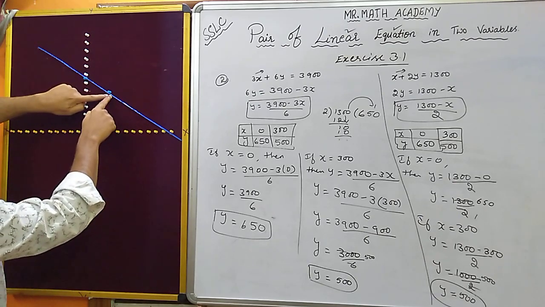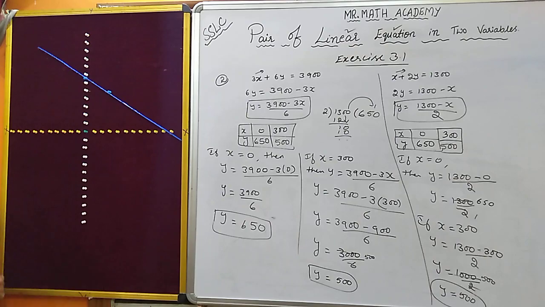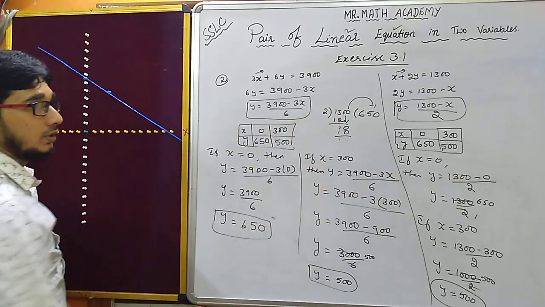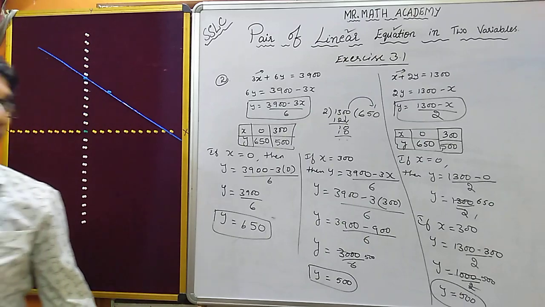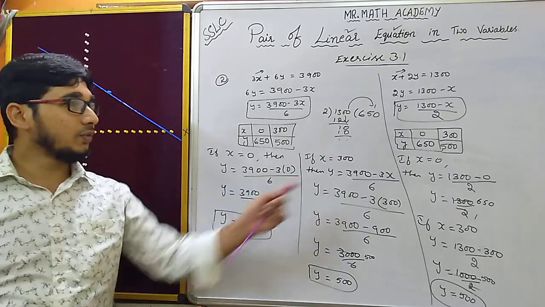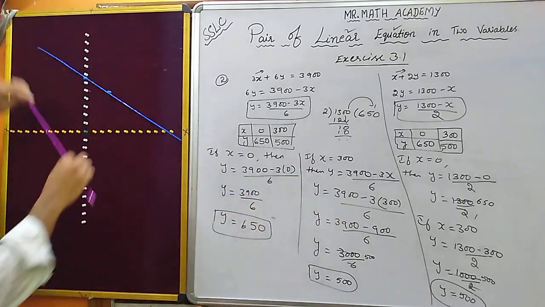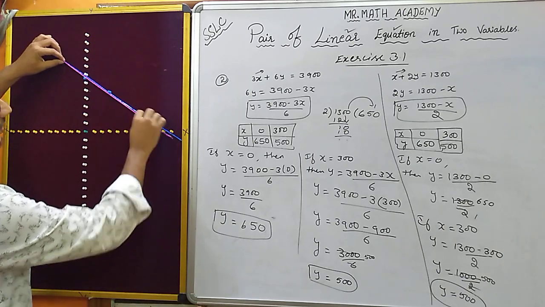Both will come and join here. So I draw the straight line. This is over. Now next, that one. That is also the same value. For that, this is a straight line. The same value is there in the same position. This will also come and join here only.